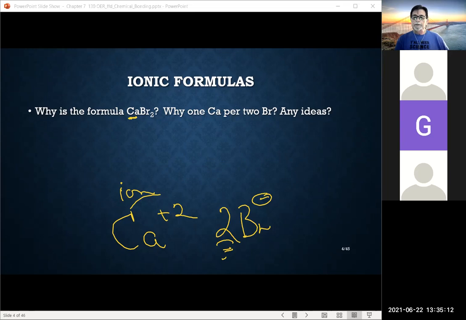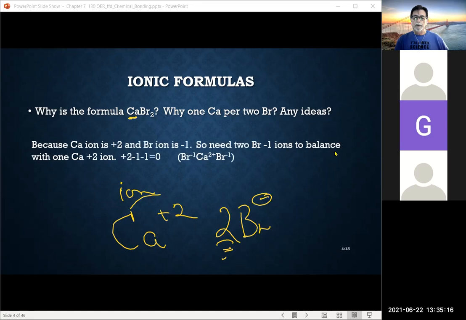All right. Let me clear this up a little bit. So we've got to put them together. Once we put them in ions first, and this is the step you really have to do first all the time, because later down the road, you may be given the words calcium bromide.